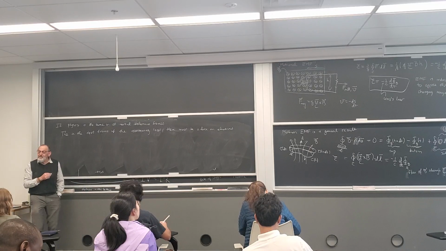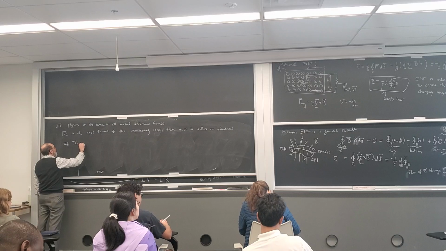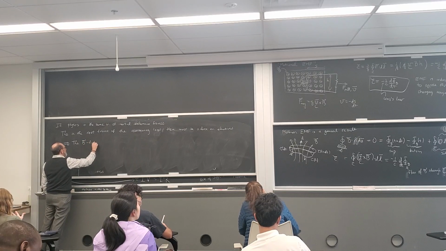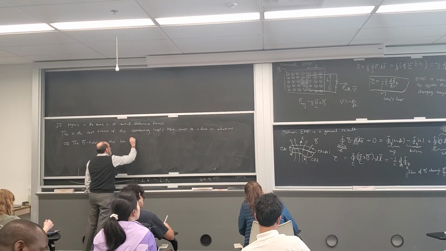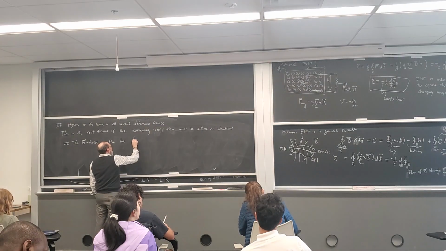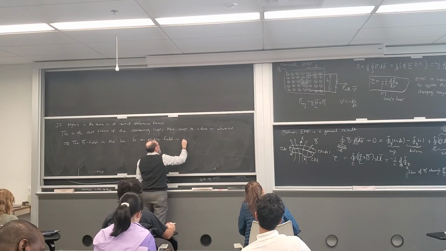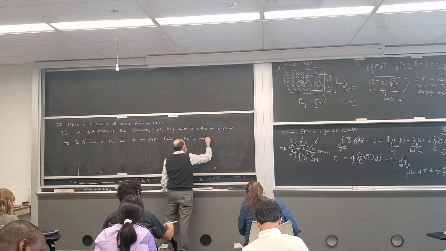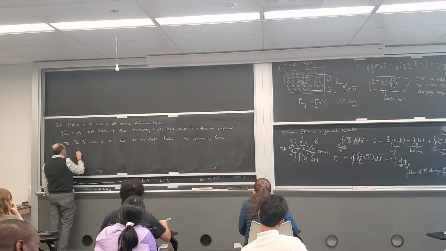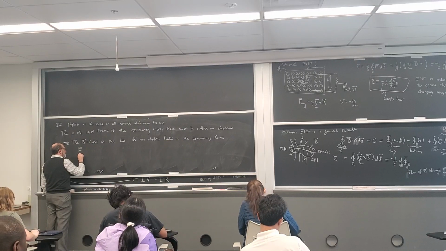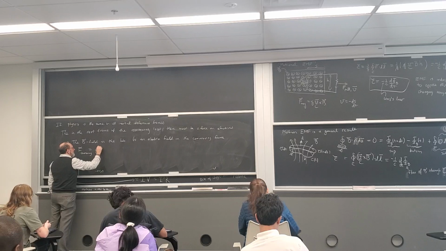An E field. So what this means is that the B field in the lab frame is an electric field in the co-moving frame. So in the co-moving frame, there's an electric field.